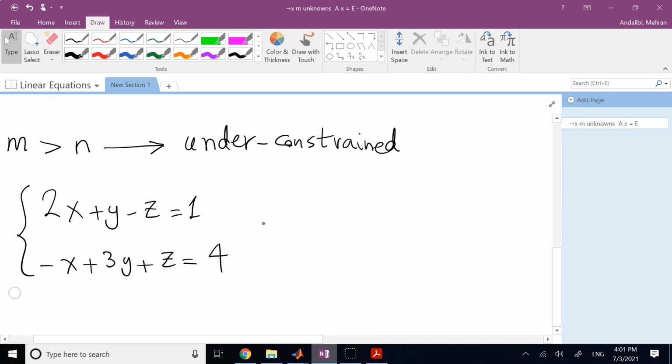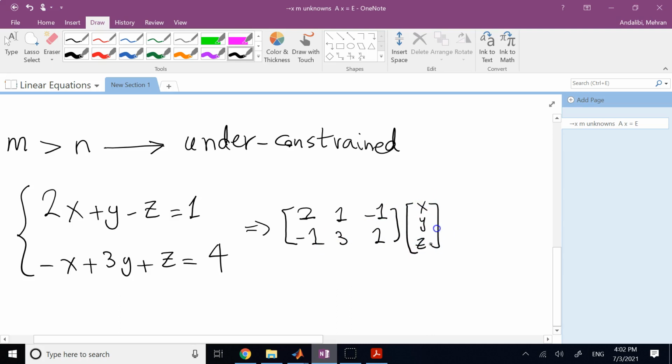And as I said, you can rewrite this into the matrix format by saying [2, 1, -1; -1, 3, 1] times x, y, and z is equal to [1; 4].